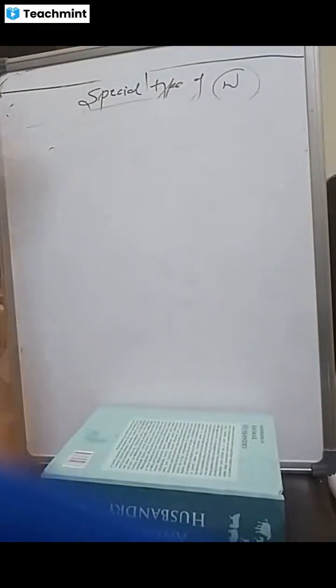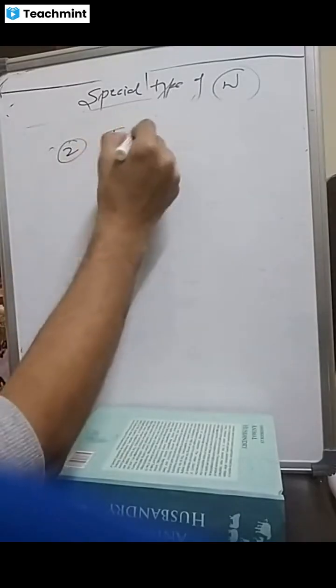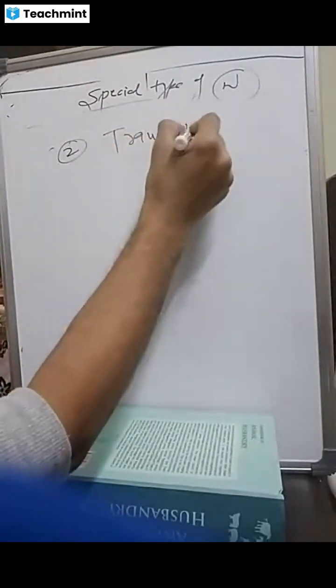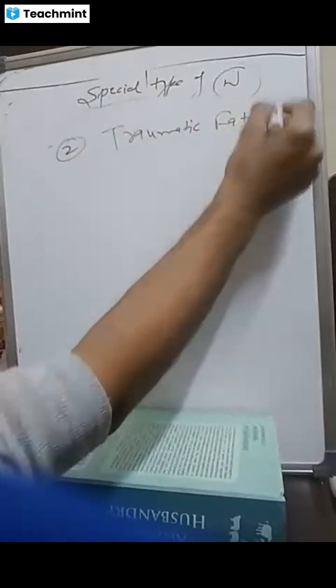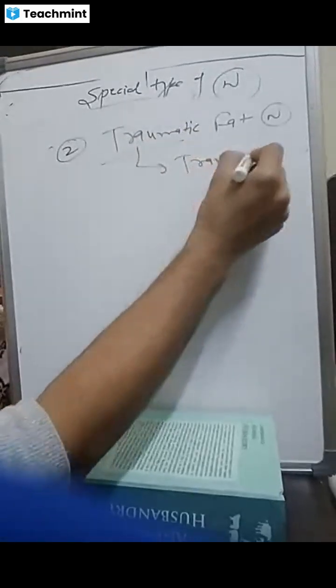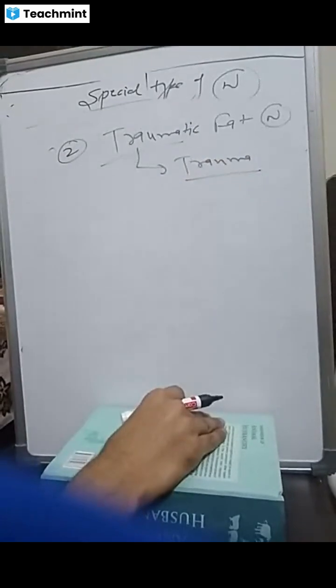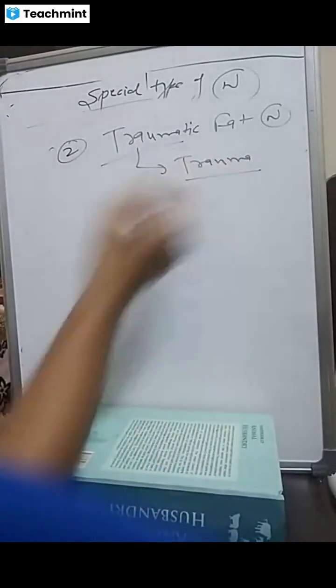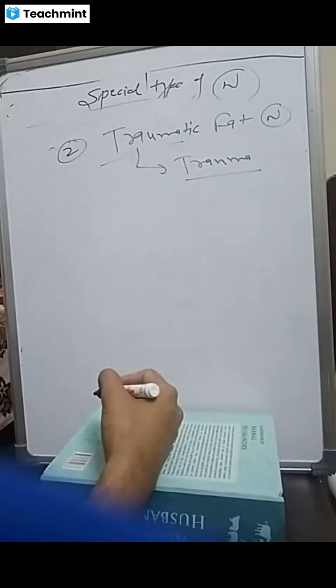Number two is traumatic fat necrosis. It is due to trauma, that is the mechanical or physical injury.